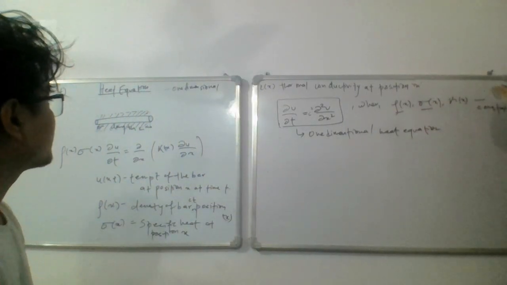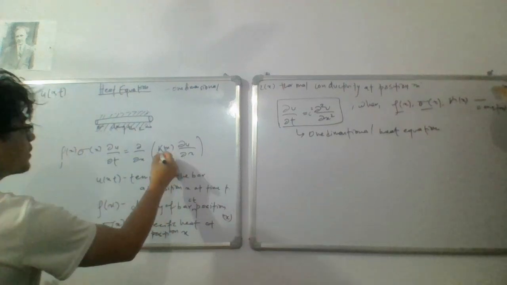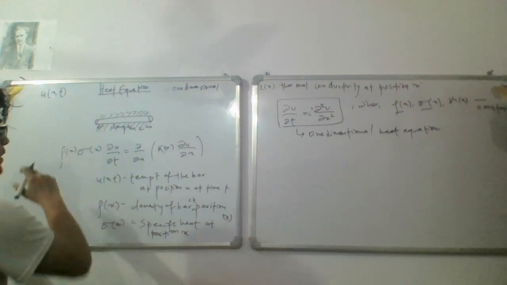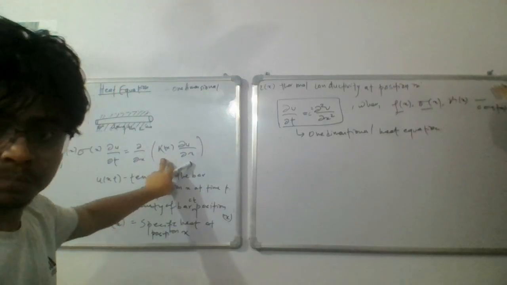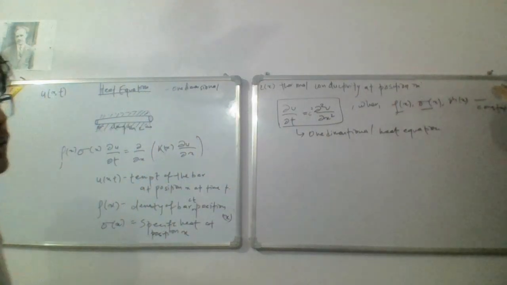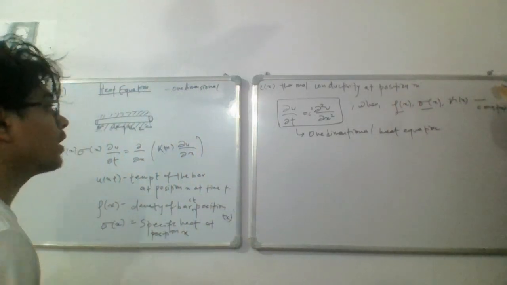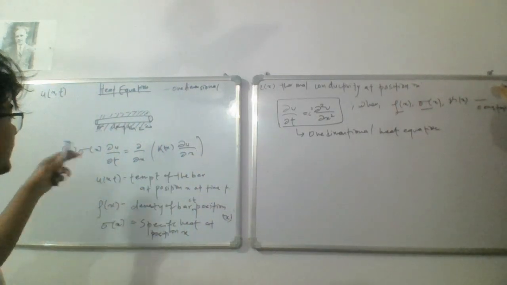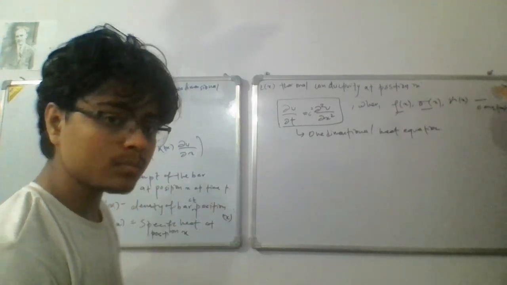So I divided kappa x by the product of these two terms and gave it the name c squared. This c squared, being one constant, will keep account of all the other constants, so the original heat equation looks a little less messy.